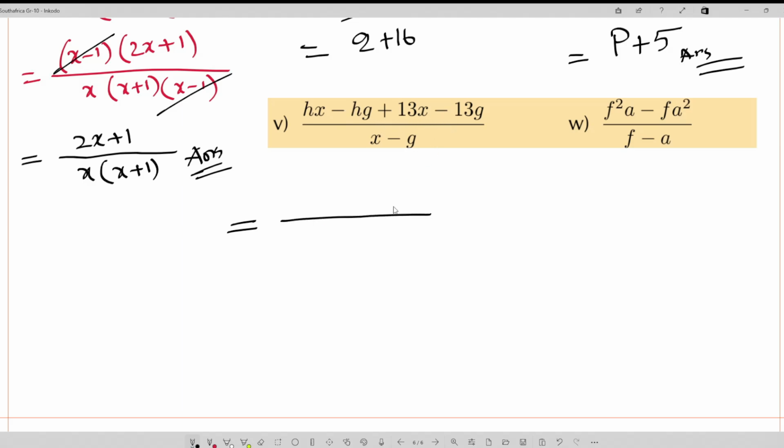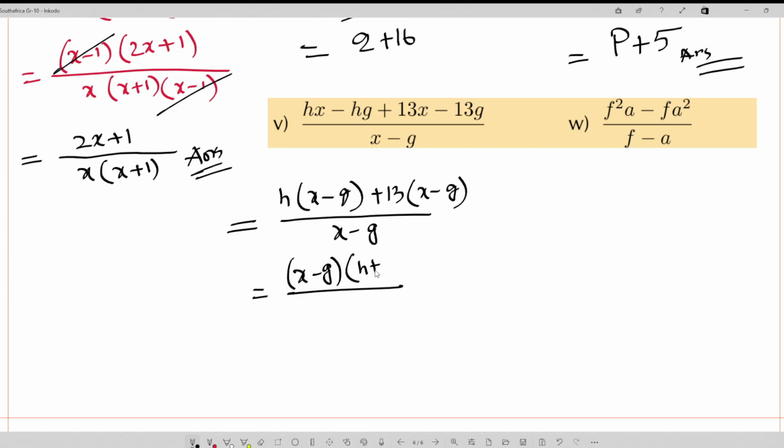So similar thing. So h we can take common, x minus g, and 13 common, x minus g. So here is x minus g common, here is h plus 13 times x minus g. So this one out. Answer is h plus 13.